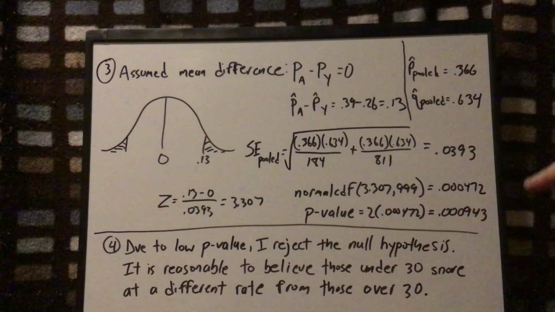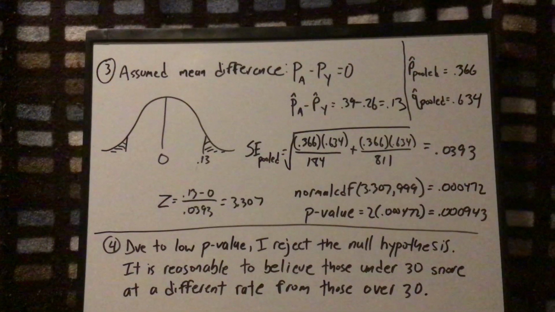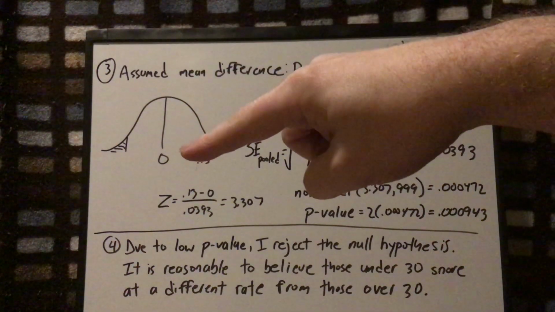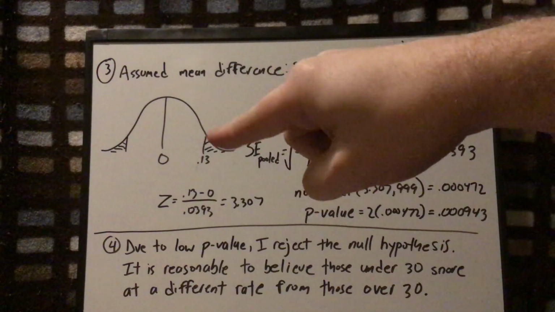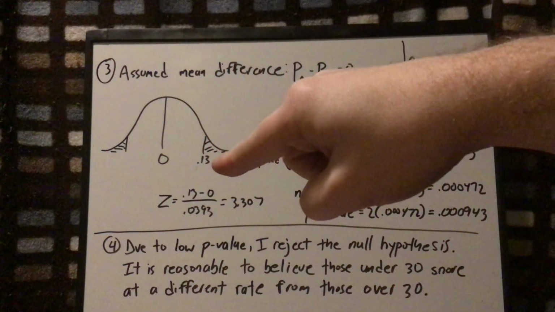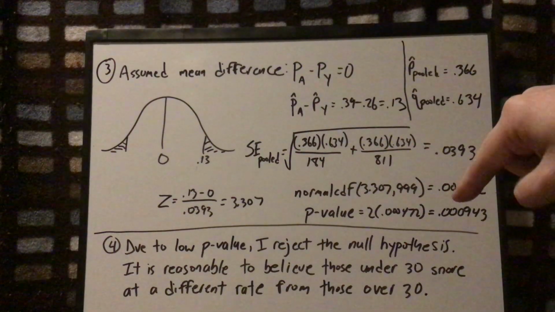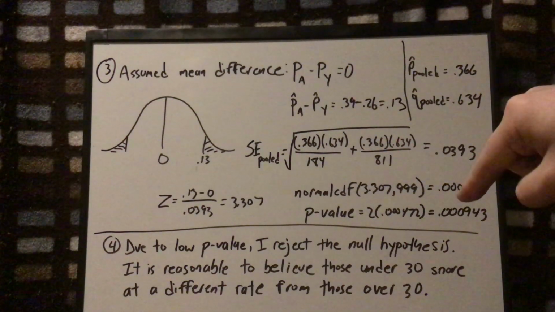I kept it more precise in the calculator, so doubling what I got in the calculator, I got 0.000943. So that's a very low p-value. Basically, what that tells me is that if the true population difference was 0, how likely am I to get a 13% difference in my samples? It's not very likely at all. It's less than a 1 in 1,000 chance.